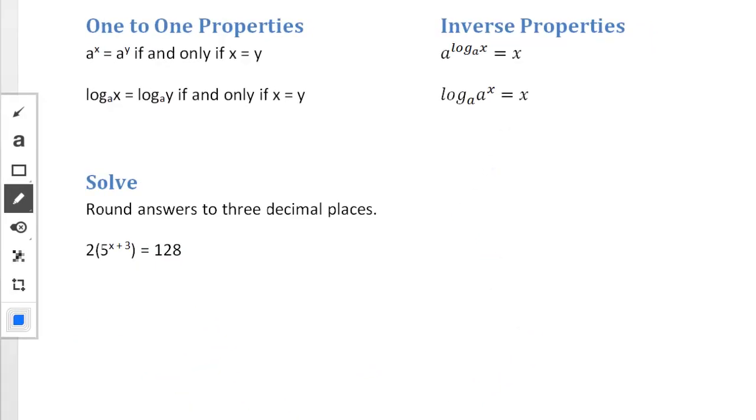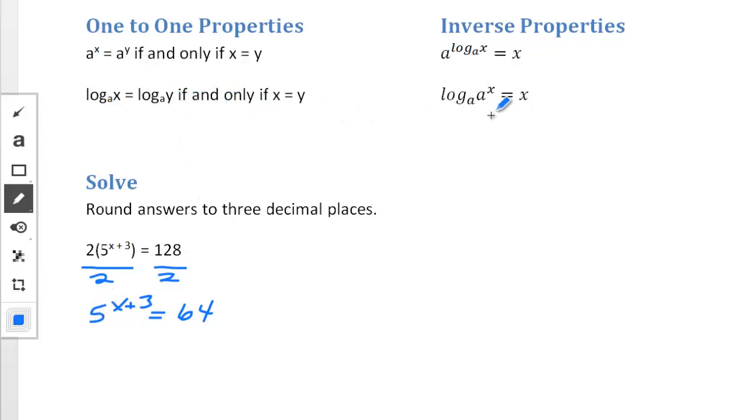In the second example, we have 2 times the quantity 5 to the x plus 3 equals 128. To solve that, we need to isolate the base first. So we'll divide both sides by 2. And 5 to the x plus 3 will be equal to 64. Now, to isolate our power, we need to get rid of our base.